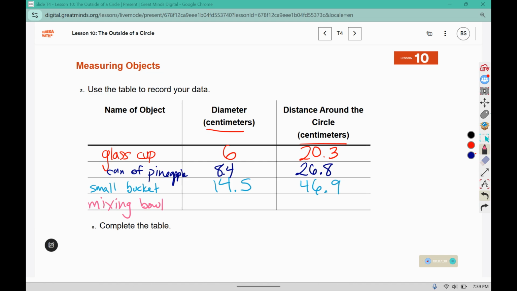So from one side all the way across the circle, it's about 22.2 centimeters. And then we need to go around the outside of the top as well. It appears to be almost exactly 70 centimeters.